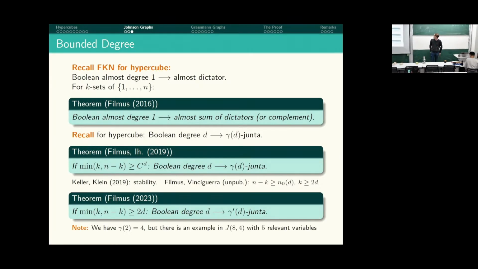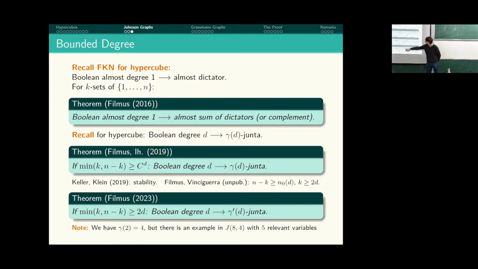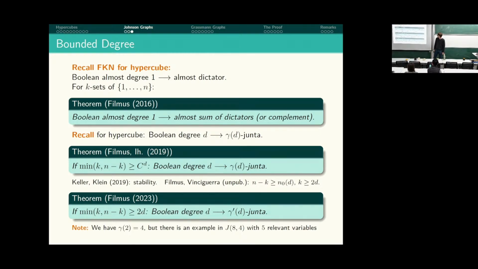And then Yuval Filmus, not too long ago, did show that if you do not care about getting the same number as the hypercube, but you just want that there is some function which makes it independent of your n, then you only need that k or n minus k is at least 2 times your degree.